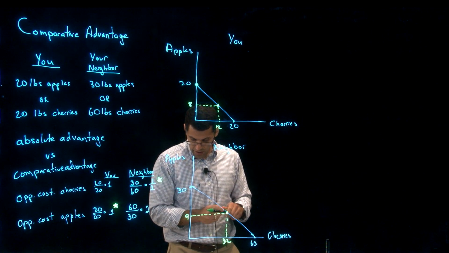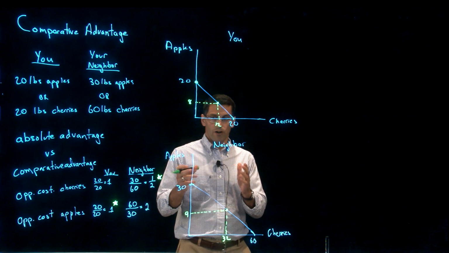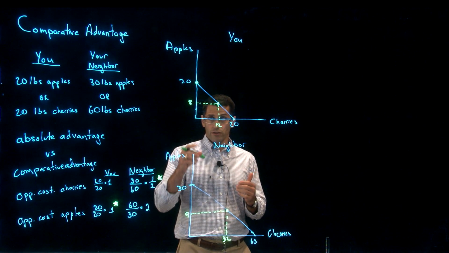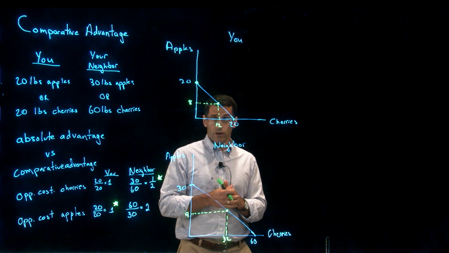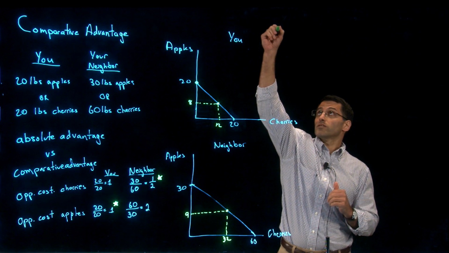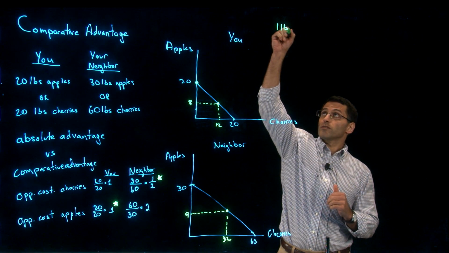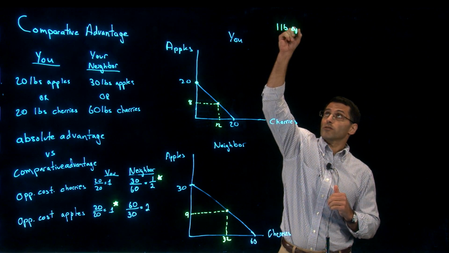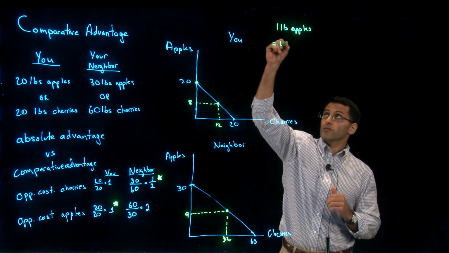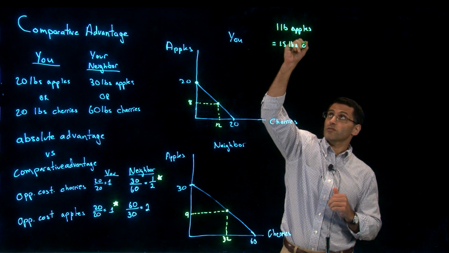And let's say that the trade-off, right, or the exchange rate here is that for every pound of apples, you can get 1.5 pounds of cherries.